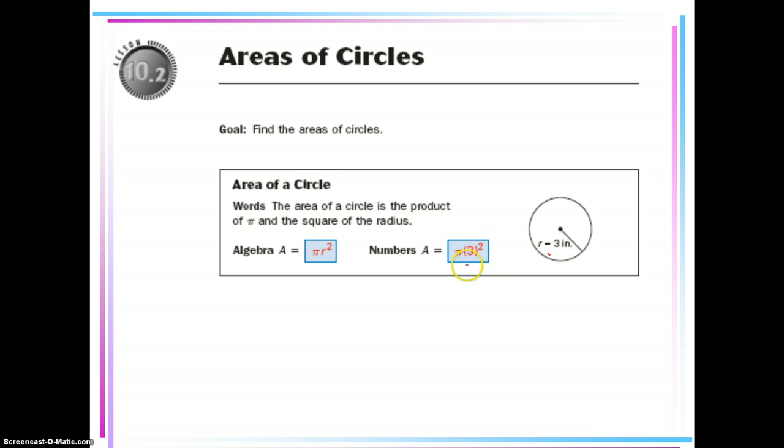You could solve this by taking 3 times 3, because that's 3 squared, which is 9, times pi. Approximately, it's always going to be approximately, because of pi, we're not going to get an exact answer, 28.26 inches squared.